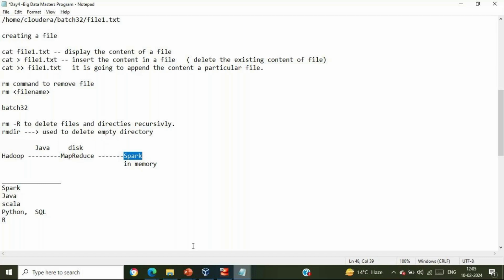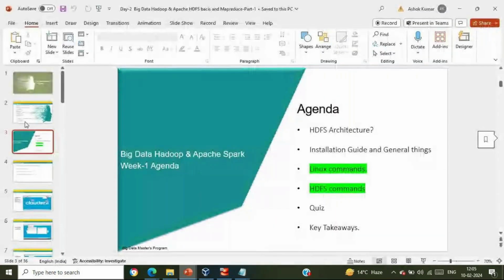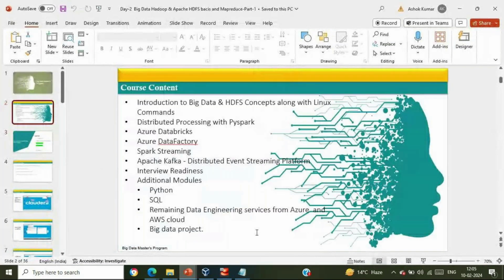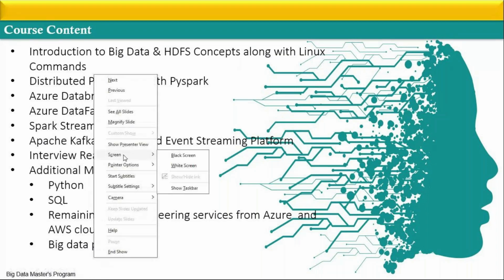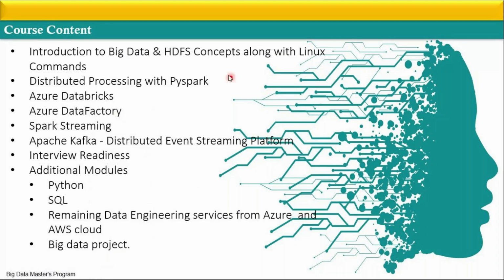Let me show you. Just have a look over here at the course content. Big data, HDFS commands along with Linux. These are there because we need to learn Hadoop. So we have started with Linux commands. Distributed processing with PySpark, then PySpark will be started.